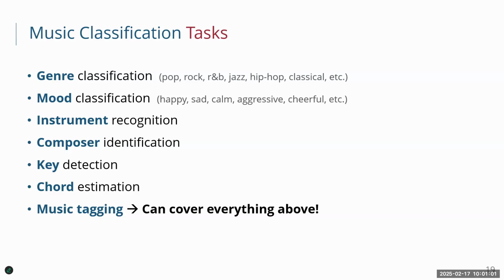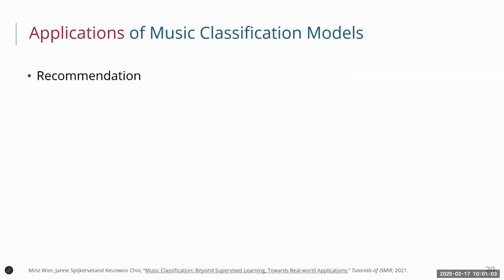Cool. So why should we care? Some of the applications of music classification models include recommendation. Think about how YouTube Music, Spotify, Apple Music, Amazon Music know what to recommend to you as the next song, what to play next.